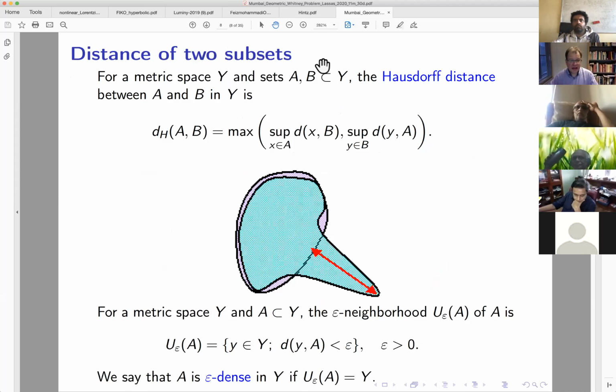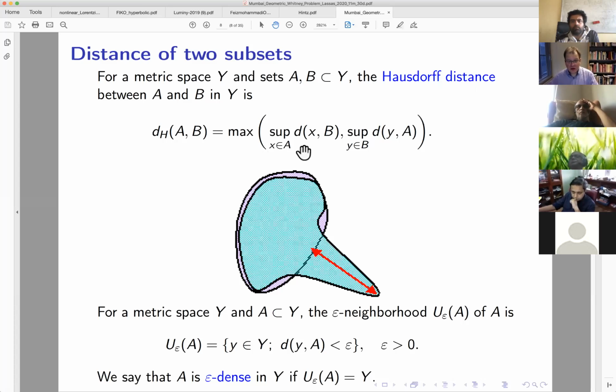So when we have any metric space Y, then we define the Hausdorff distance to subsets A and B. Actually, to make this distance really distance, so that the two objects are the same if they have distance 0, one should assume that these sets are at least closed. Typically, we consider a compact metric space Y. So the Hausdorff distance is defined between these two sets A and B. That is the maximum of two functions.